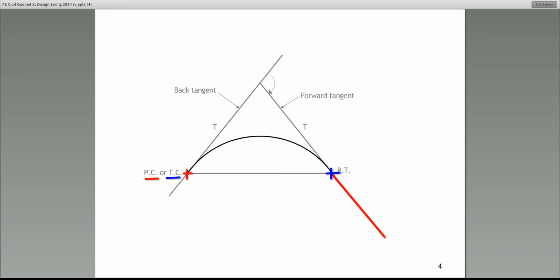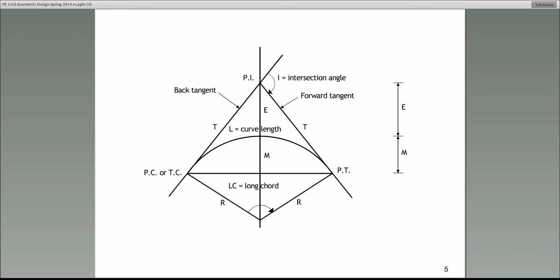All right, now two other things that I want to mention here, and then we're going to move on. This highlighted blue line, that is the distance we call back tangent, and the next blue line that you see is the forward tangent. Let's go to the next slide, slide number 5.